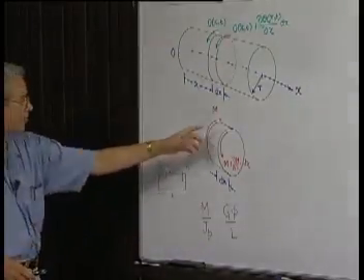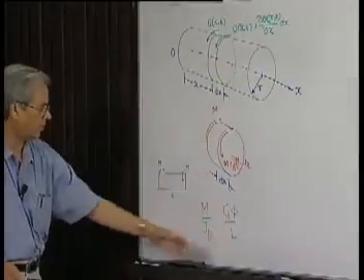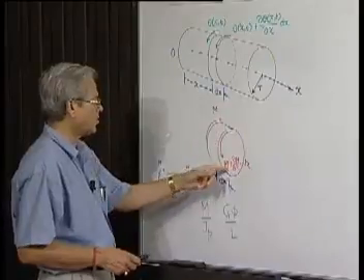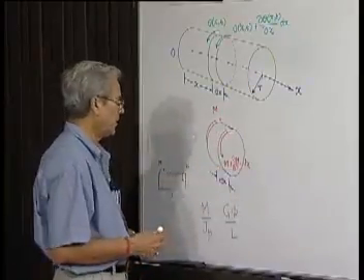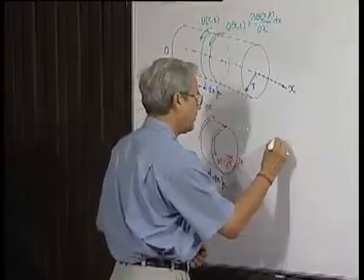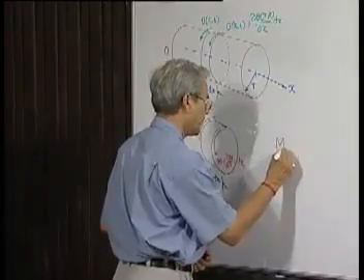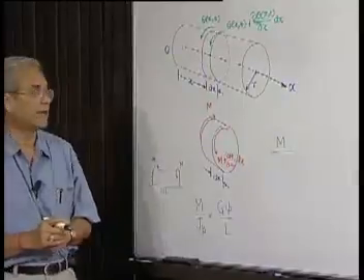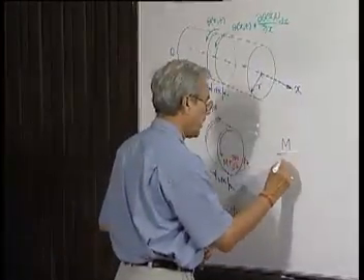So, if we now compare this with the standard formula, the moment on this face is m and this face is also m, with a slightly different value. Second moment of area of a circle with radius r is half pi r to the power 4.